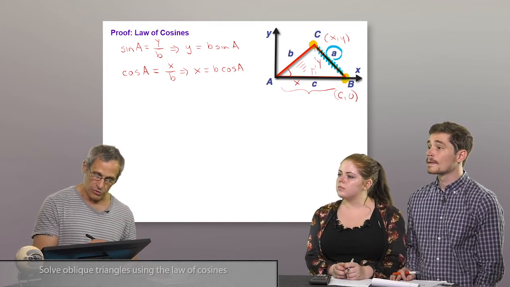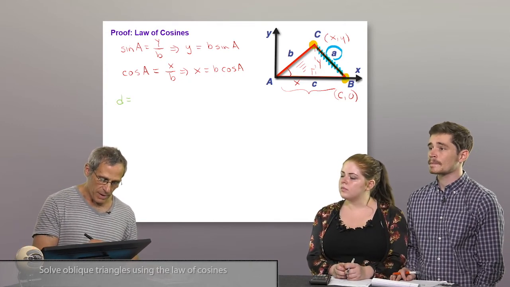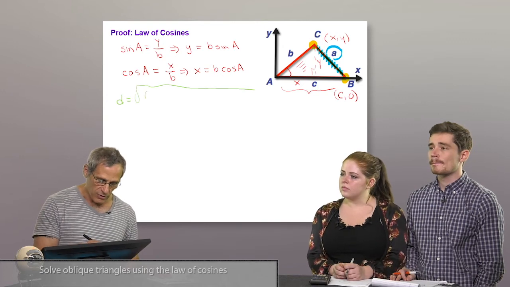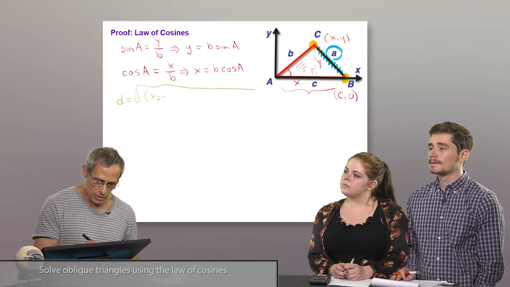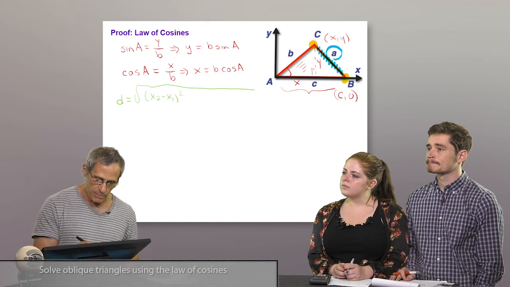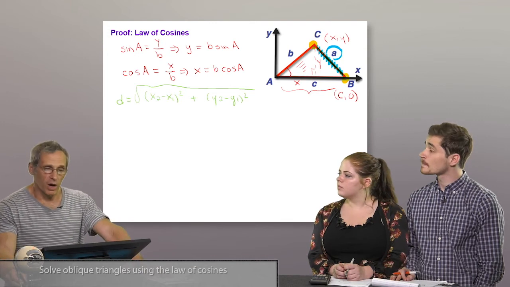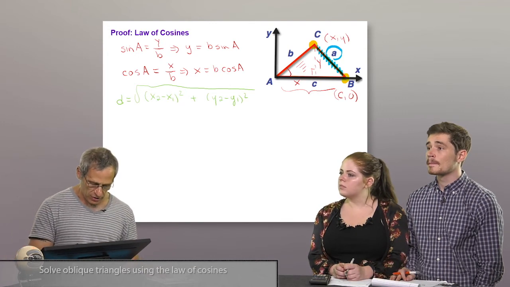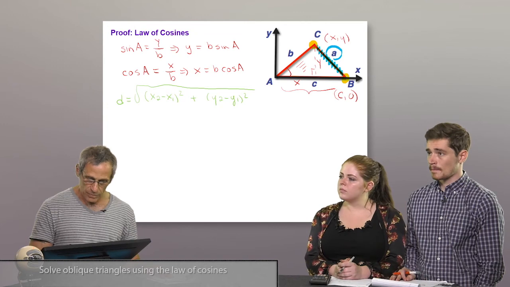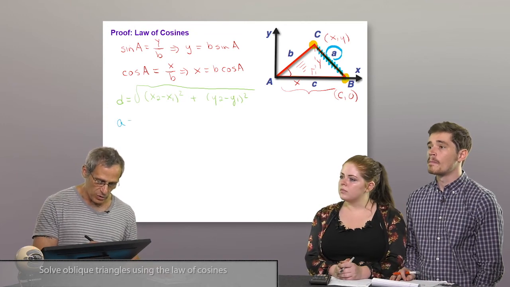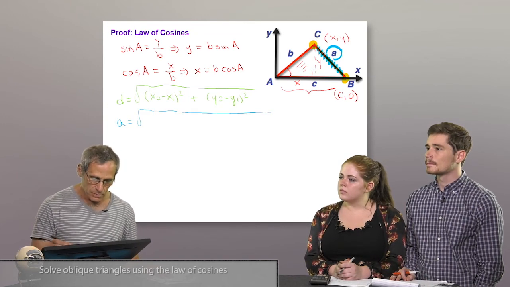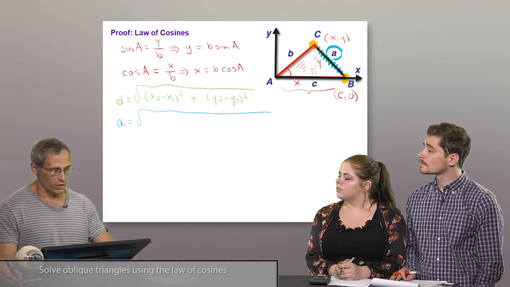The distance formula, just to remind all of us, is found by taking the square root, and you subtract the x coordinates and square it, and you subtract the y coordinates and square it. For us, the distance we're focusing on is the length of side A. So I'm going to write A is equal to the square root of, then I subtract the x coordinates.